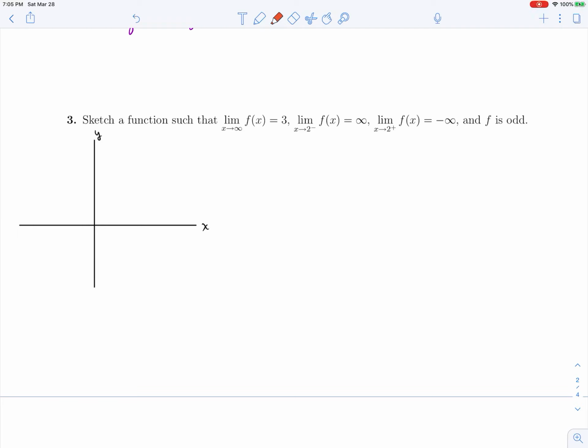And then let's start with what this first thing tells us. The limit as x approaches infinity of f of x is 3. That tells us that we're going to have a horizontal asymptote, y equals 3.